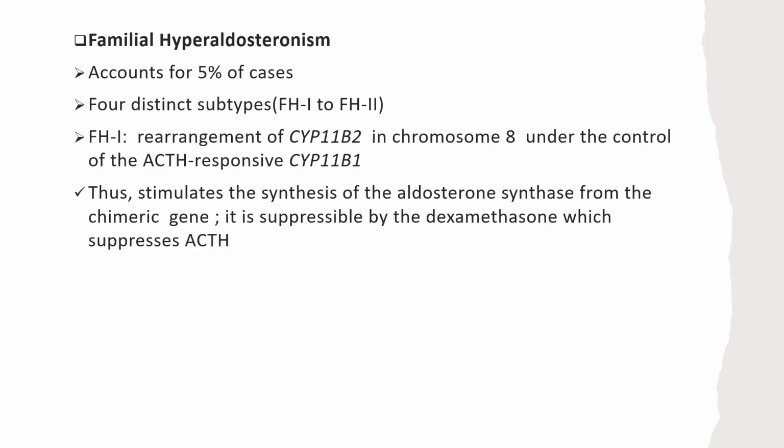And initially we had seen that aldosterone synthesis and production is independent of ACTH, but due to rearrangement, this began to work under the control of ACTH, and thus this will stimulate the synthesis of aldosterone by the activation of aldosterone synthase from the chimeric gene.